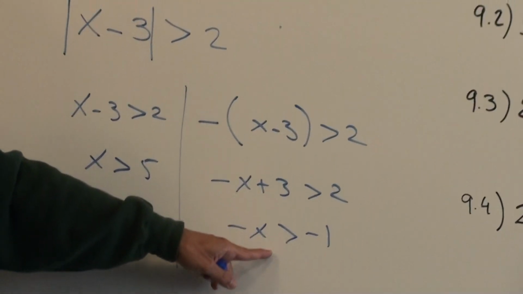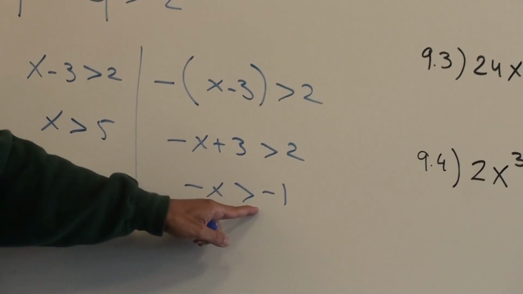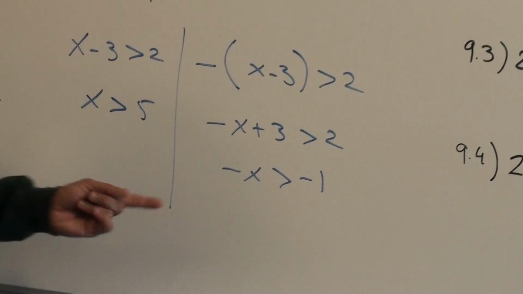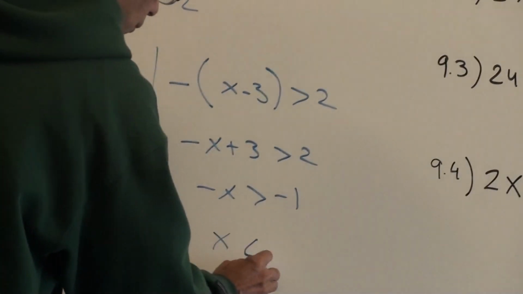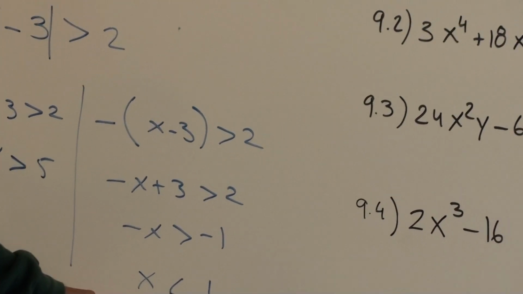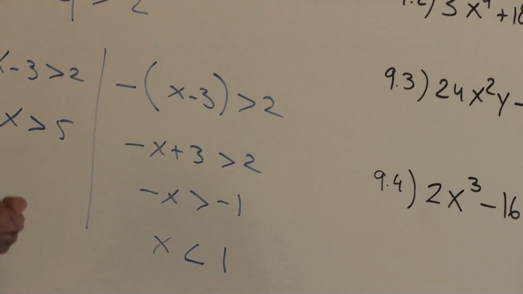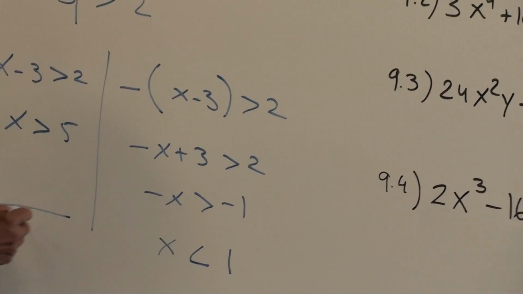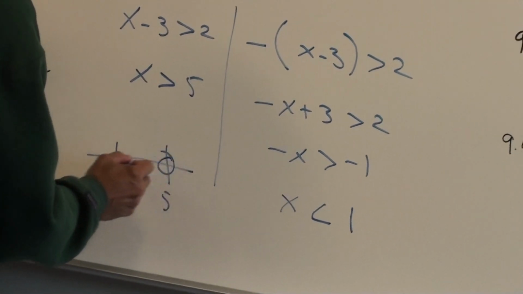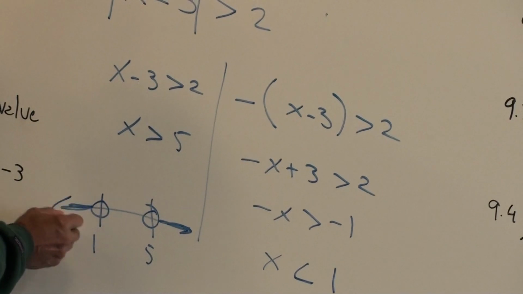Now comes another point that students fail to do, which is to flip this sign when you multiply by negative 1 on both sides. So you flip this sign and then you have x less than 1. So here, if I were to graph this, I would put 1 and 5 here, open circles, greater than 5 and less than 1.